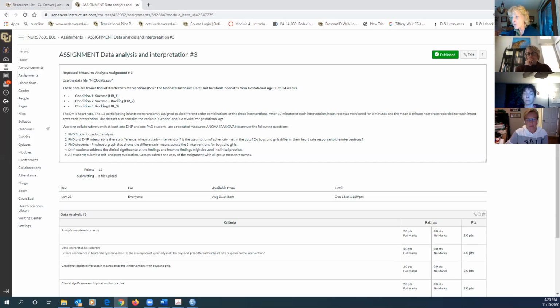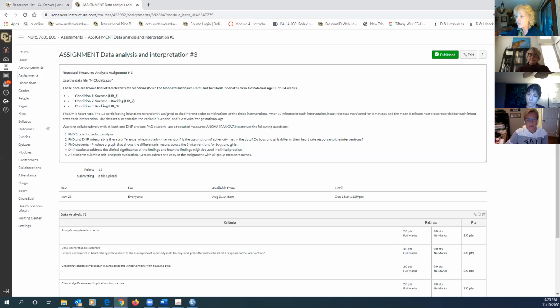So the sequence of what they got varied. There were 6 different order combinations of the 3 interventions. And what that does is strengthen your ability to say the differences we're seeing are the intervention, not anything else.